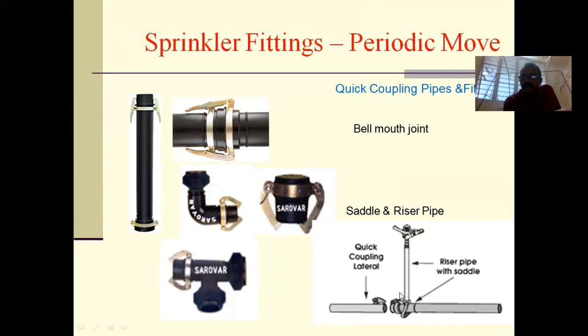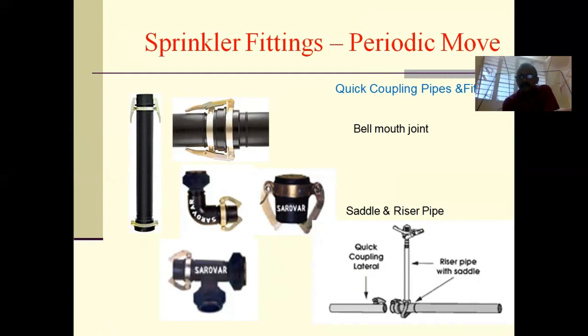And lastly, and more importantly, this is called a saddle. This is another fitting that can be removed. A saddle has a facility of connecting a riser pipe, and the riser pipe will be connected with thread, and at the other end of the riser pipe there will be another thread in which the sprinklers will be fitted.